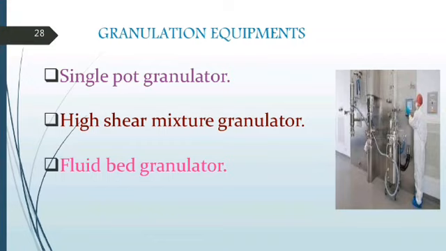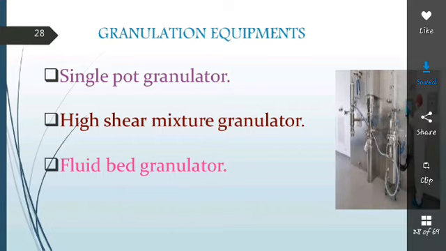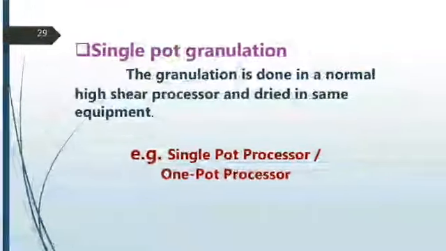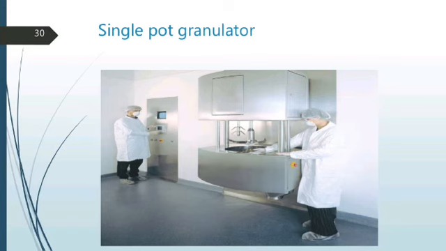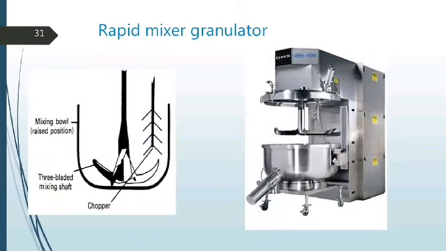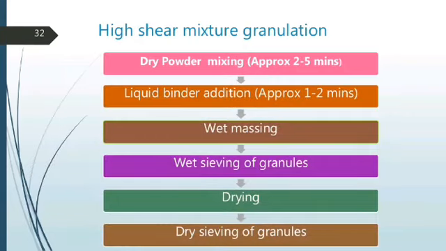Various granulators are used, like single pot granulators, high shear mixer granulators, and fluidized bed granulators, of which fluidized bed granulators are commonly used. This is the picture of the single pot granulator. Then the rapid mix granulator, with a chopper-like structure. This is an industrial scale picture.